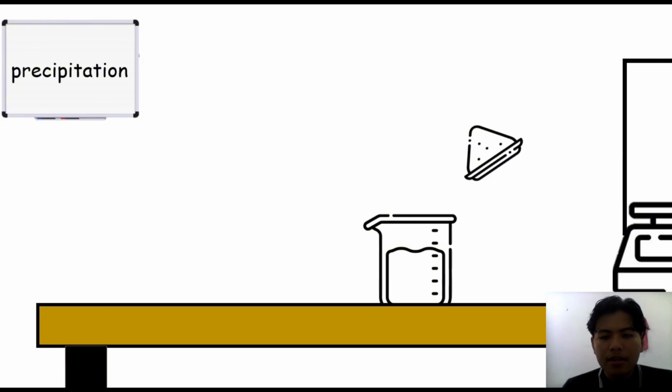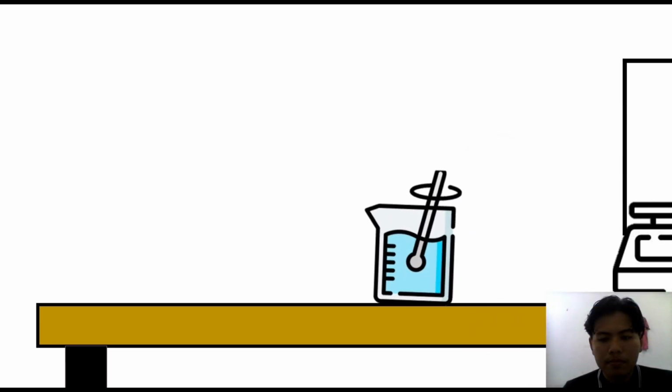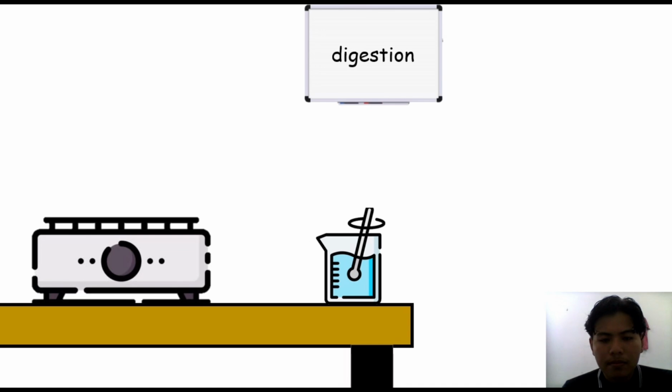After that, the sample is put into the beaker containing distilled water. Then the solution is stirred so that it becomes homogeneous. The sample is now put into the next step, that is the digestion.